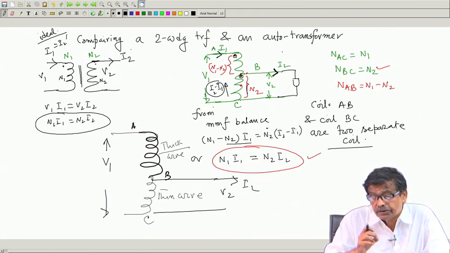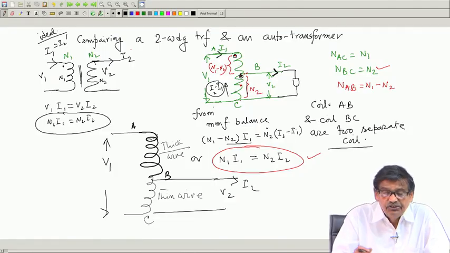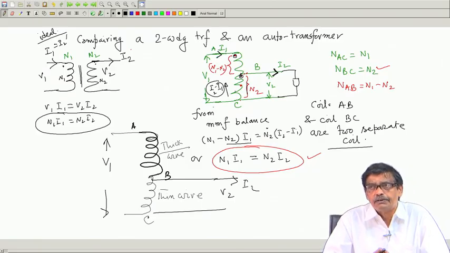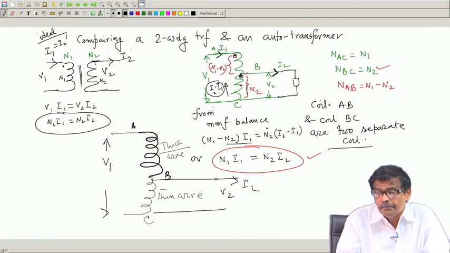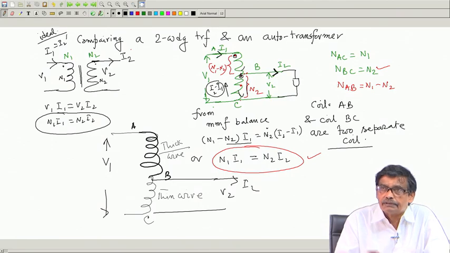Then we argued that the portions of the winding AB and BC are two separate coils with no common part between them. Therefore, the MMF produced by this coil and this coil must balance. Through the dot, if I 2 minus I 1 is coming out, and if I 1 is input in the upper portion of the coil, these two MMF must balance.